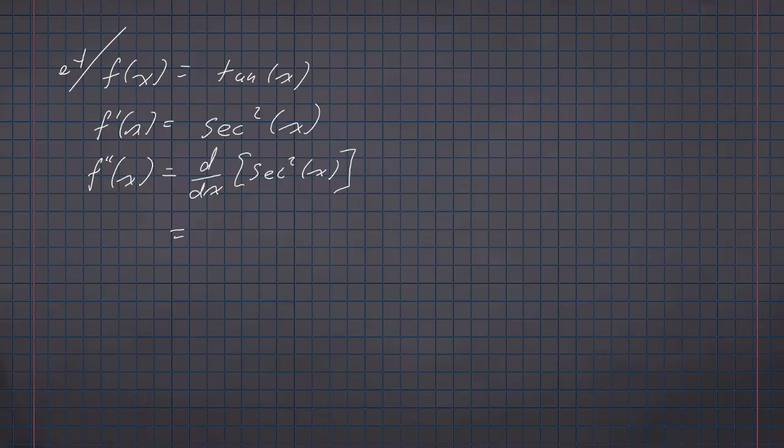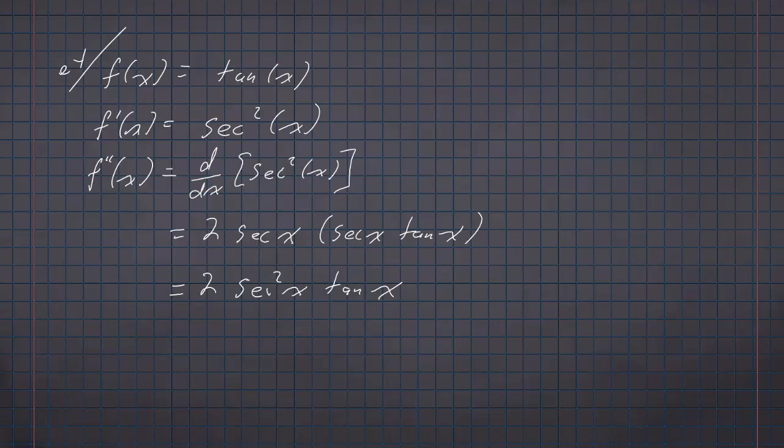Using the chain rule, that's something to a second power, so that's going to be 2 times that thing times the derivative of secant, and the derivative of secant is secant of x times tangent of x. And just cleaning that up a little bit, we have 2 times secant squared x times tangent of x.